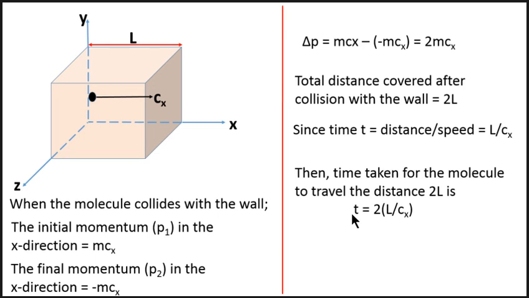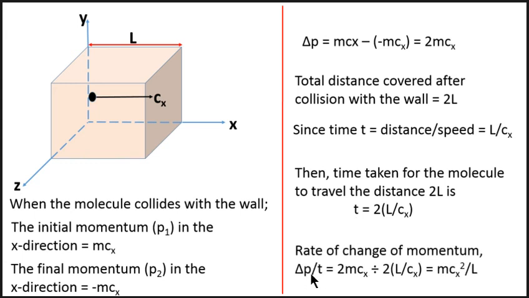Now from here, having determined the time it takes to cover the total distance, and having known the change in the momentum of the molecule, I can determine the rate of change of momentum. I already know the change in momentum. I already know the total time it takes to cover the total distance. So the rate of change of momentum, which is delta P over T, will equal 2mcx.